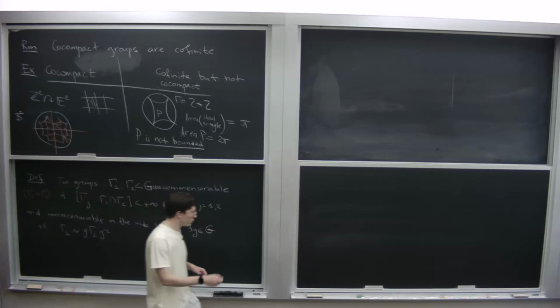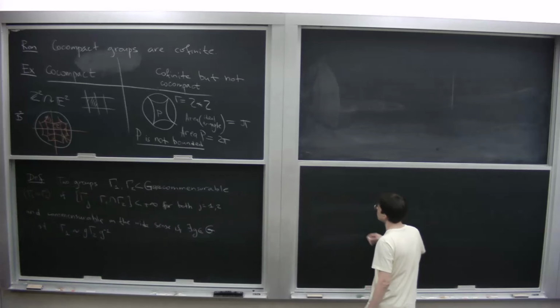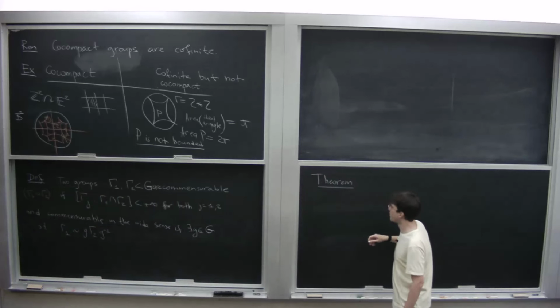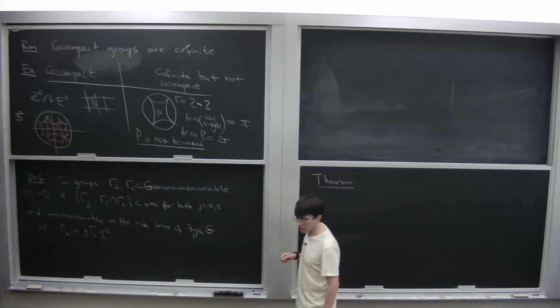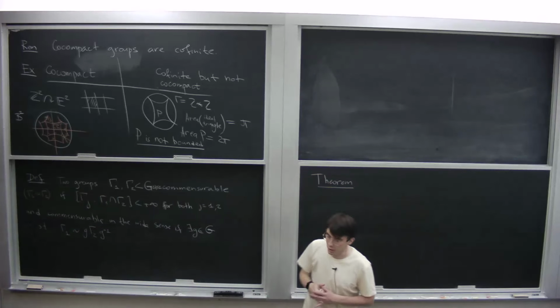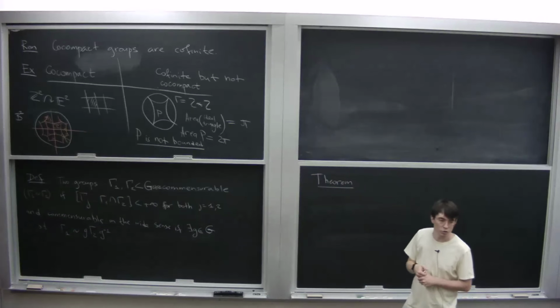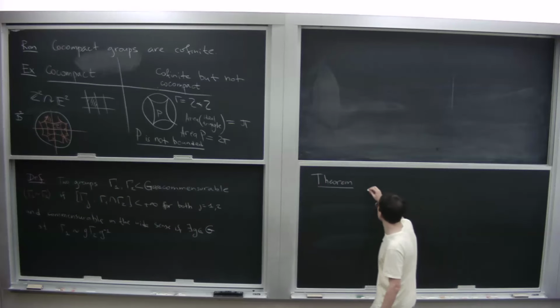So why is all this interesting? I'm going to write down the following. Okay, I will say that it's a theorem. So the theorem is that first of all, if you have a discrete group gamma and it is cofinite, then the volumes of all choices of the fundamental domains are the same, right?